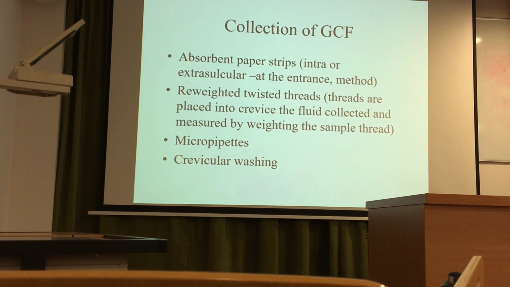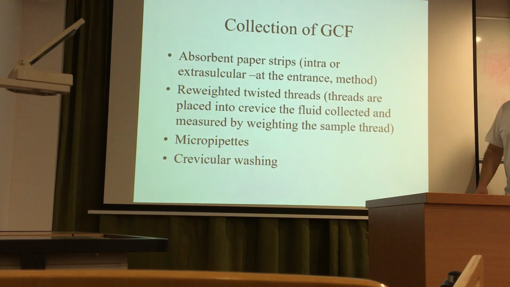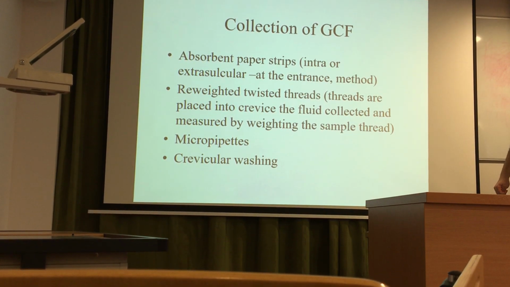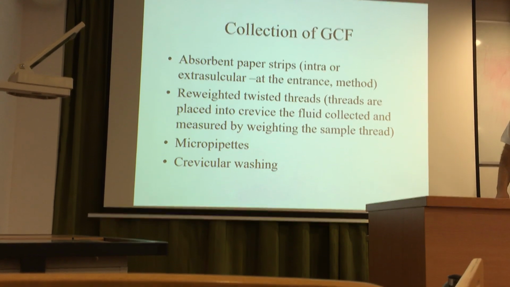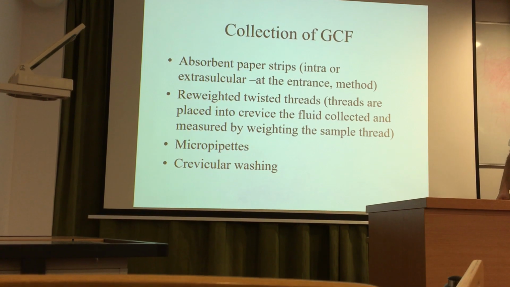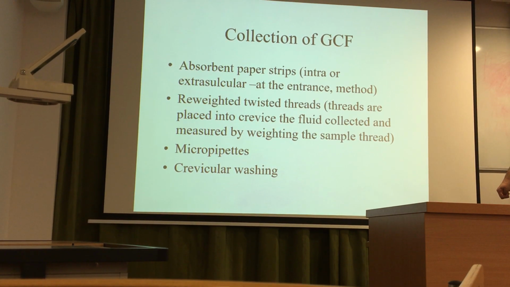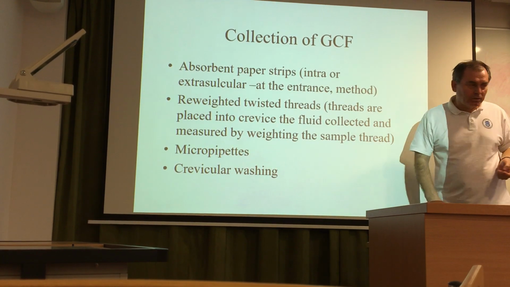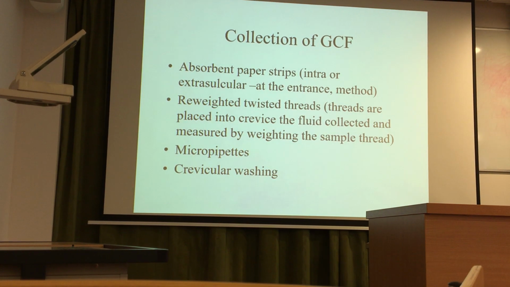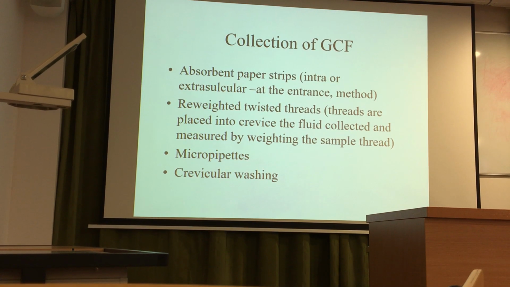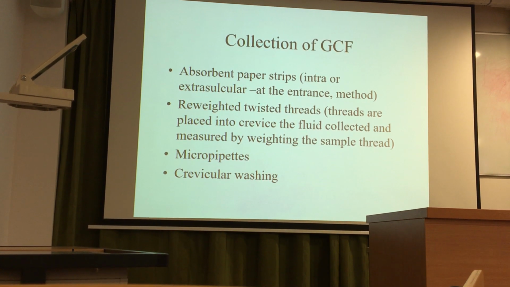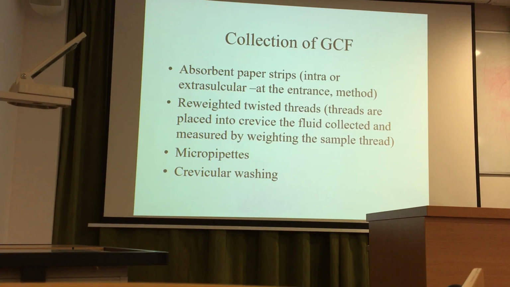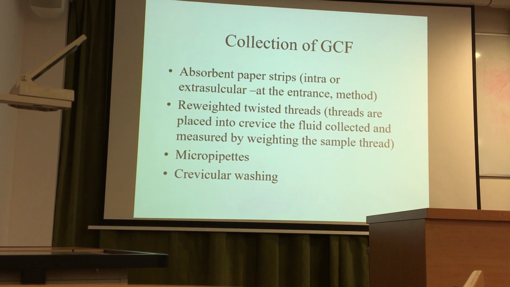So different tests could be used to estimate the bacterial level and whether the bacterial flora is dangerous or normal. And you can collect the GCF, the fluid, because the amount of production is different in a normal situation than in an unhealthy situation. So the measurement is important.